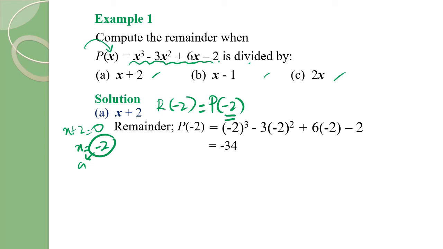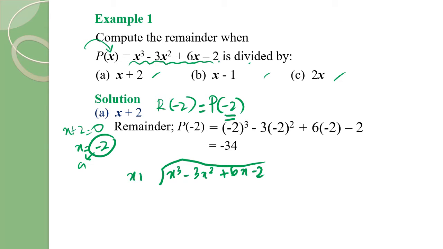So what we have is negative 34. So this is the remainder. You don't have to do the long division just to find the remainder for a linear factor. Okay, if we do the long division, let us check together. So x cubed minus 3x squared plus 6x minus 2.